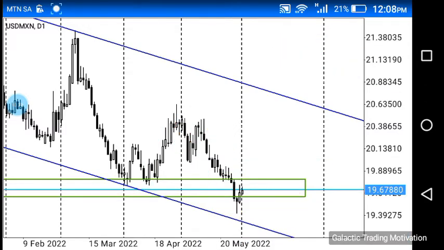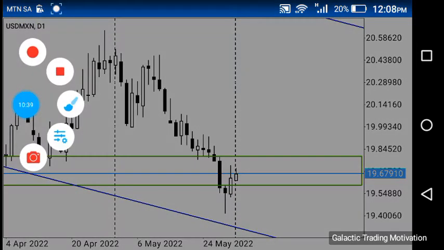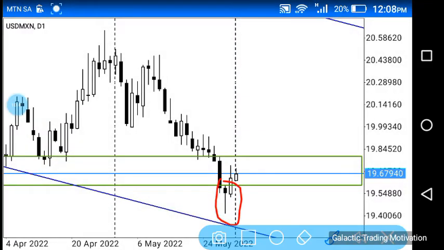Nonetheless, we also have this candlestick over here. It is a bearish candlestick with a small body and a long lower wick.